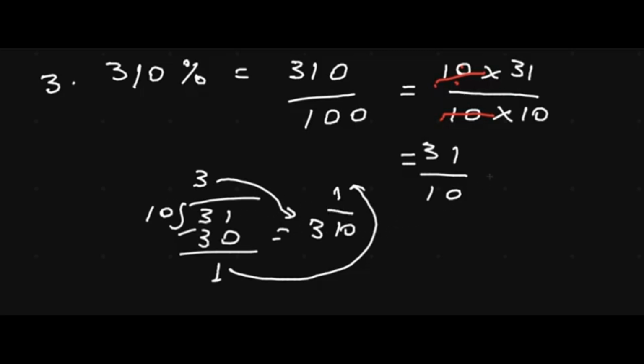So 31 over 10 is the same as 3 and 1 over 10. This is the mixed fraction for 310%. Don't get mistaken, this 3 is not in the middle, okay? It is supposed to be here.